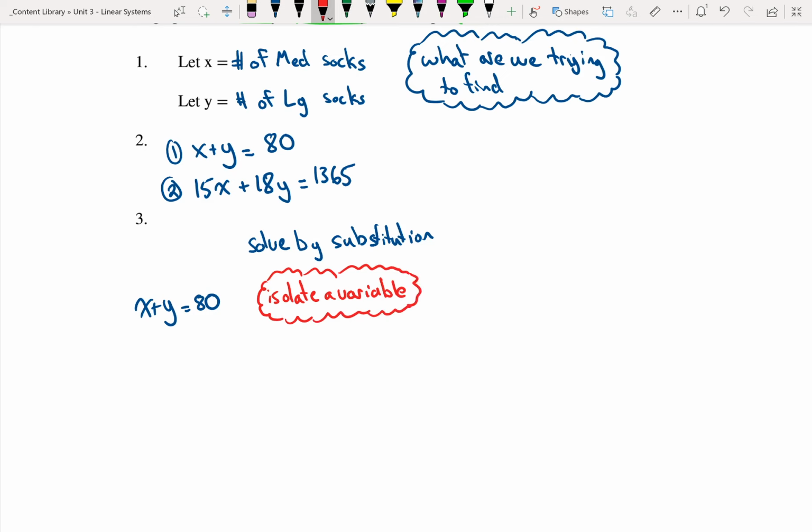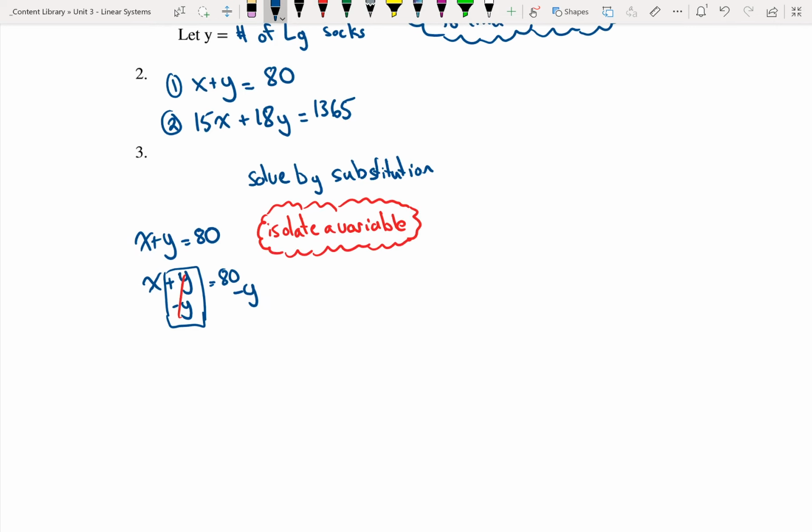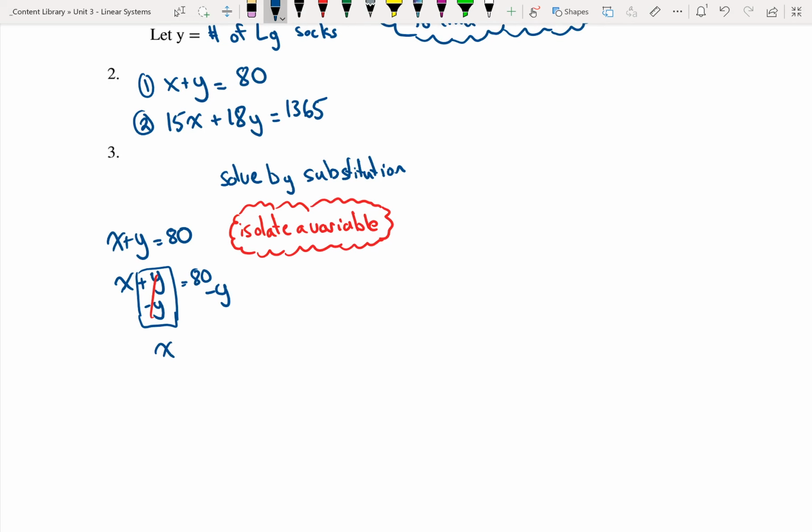Again, it doesn't matter what letter we choose, and in this case, it's not going to matter either way. So let's isolate for X. If I want to get X by itself, I have to minus Y. So 80 minus Y. One side will cancel out. So I have X equals 80 minus Y.